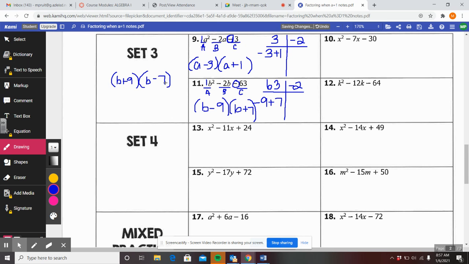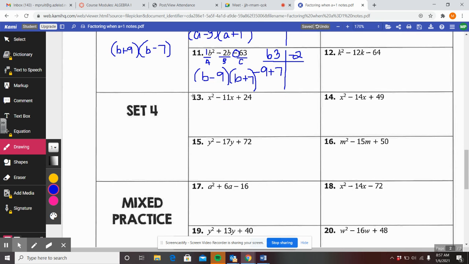And I know 9 and 7 give me 63, but will give me 2. And then we'd have to multiply it out, see if it worked. If it didn't work, we'd have to fix it. So it took forever. I mean, why did we do that? I don't know. Especially when you have something in front of A, it gets a little crazy.